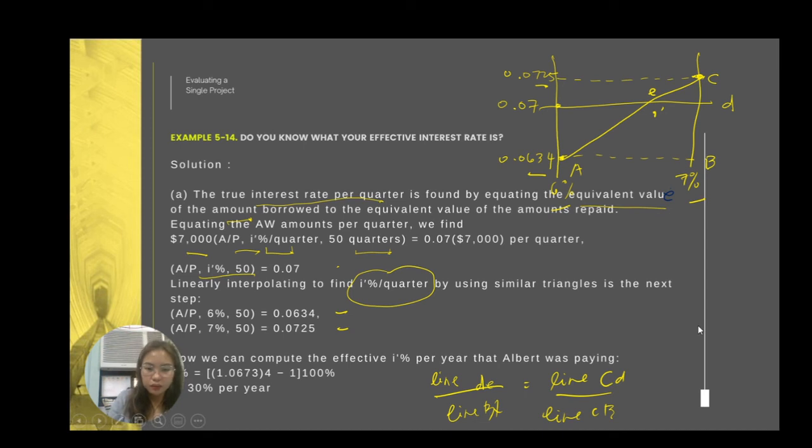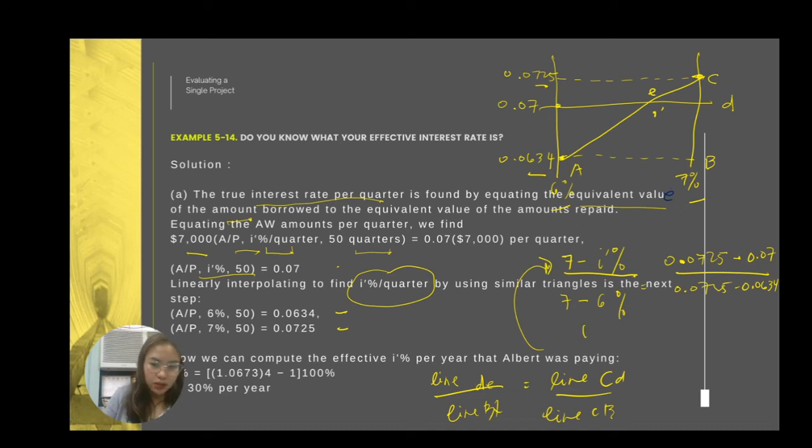Sige. So it is 7 minus I prime over 7 minus 6%, which is equal to 0.0725 minus 0.07 over 0.0725 minus 0.0634.